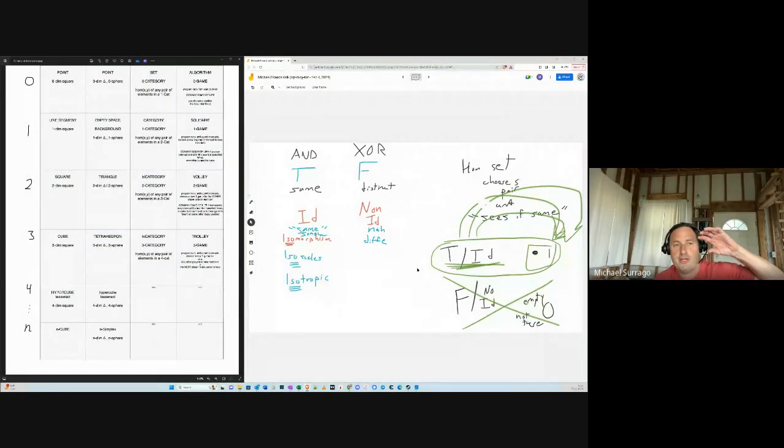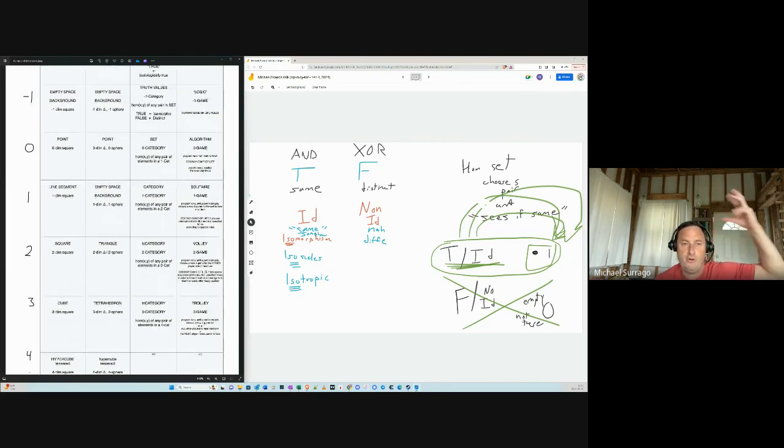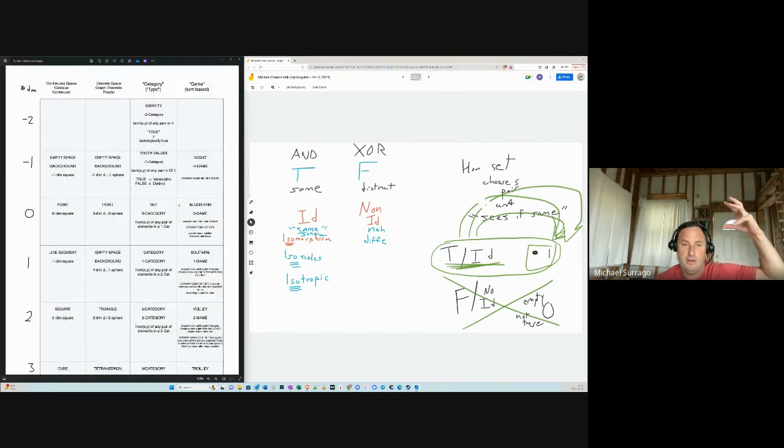So what I'm trying to show in my grand project is that these -1 and -2 dimensional levels in this chart are consistent objects all the way up the chart. At some point it stabilizes. So I think in the case of the continuous as well as the discrete geometry, it's empty space. So the -1 dimensional space is empty space.